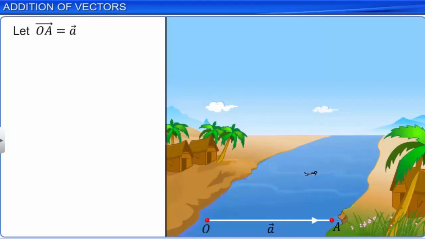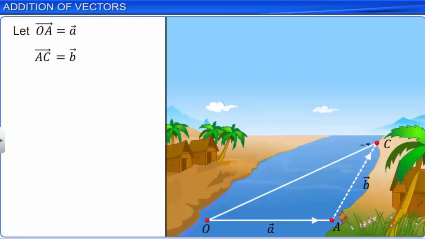Under the influence of the two velocities, the man actually moves at an angle to line OA and reaches the right bank at point C. Let vector AC be equal to vector B. The velocity with which the man swims from point O to point C is the sum of velocity vectors A and B.